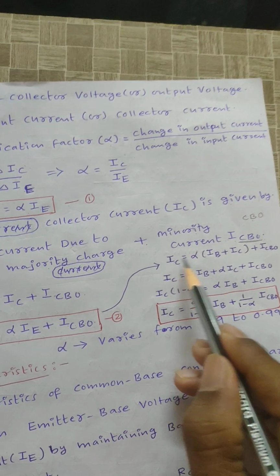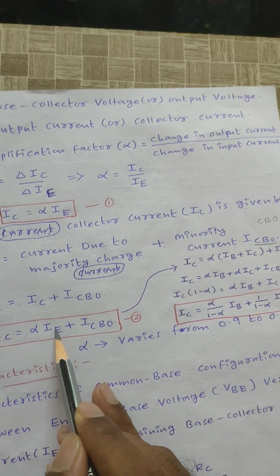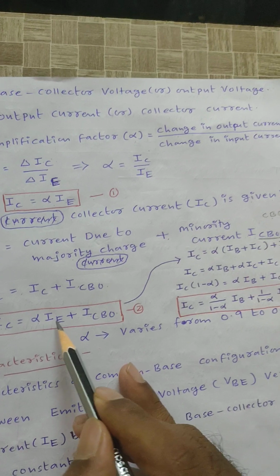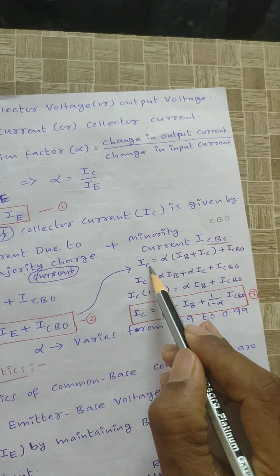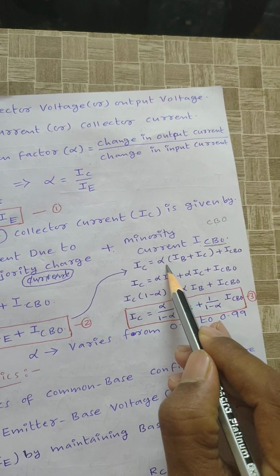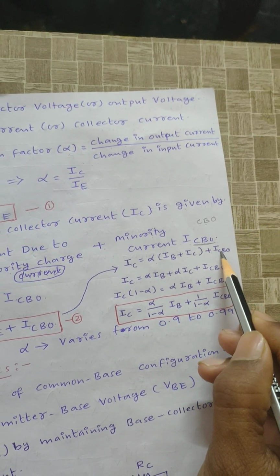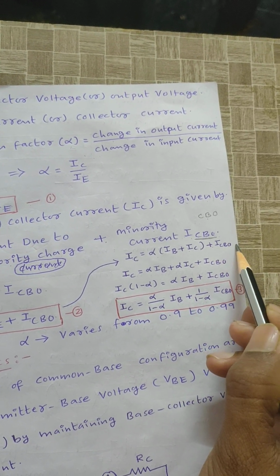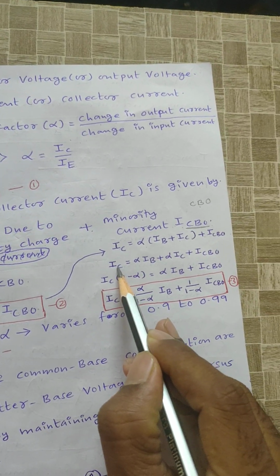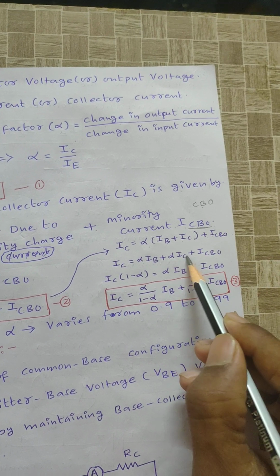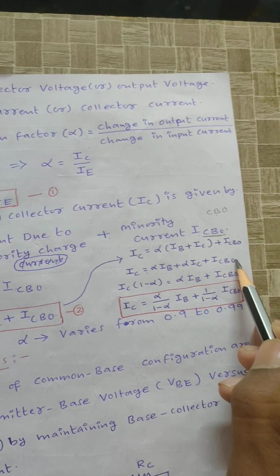Then already we know from the construction of a transistor, IE equals IB plus IC. Substitute here, you will get IC equals alpha into (IB plus IC) plus ICBO. Then the total collector current is alpha into IB plus alpha into IC plus ICBO.